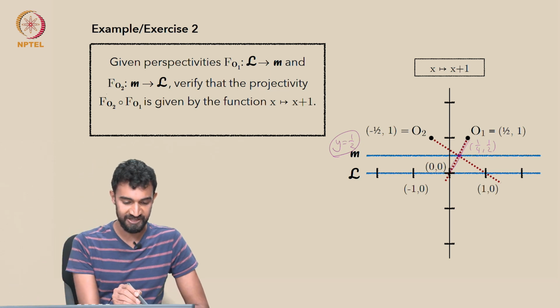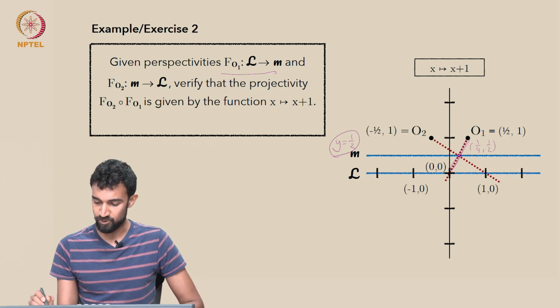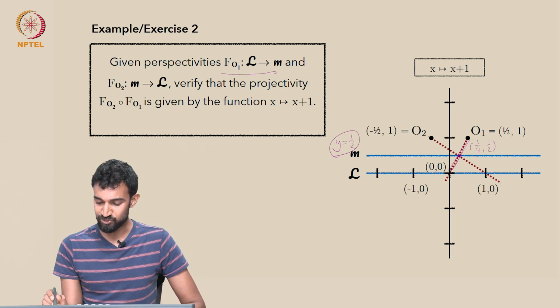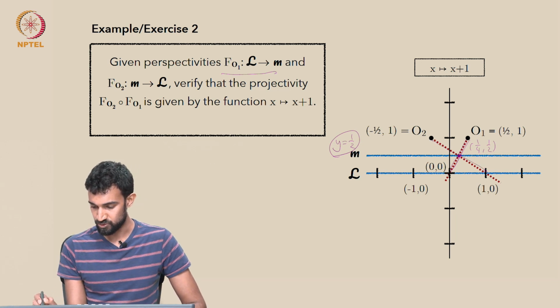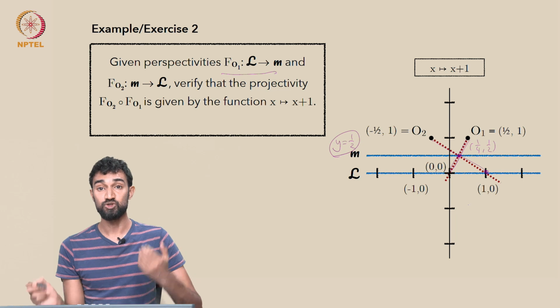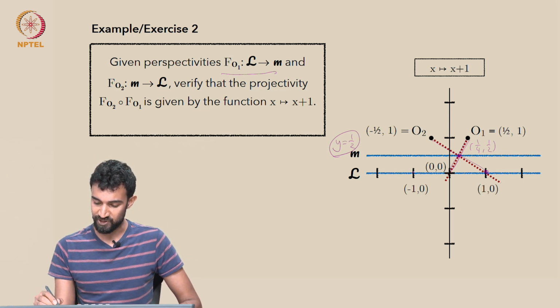So the first projectivity, FO1, it maps 0, 0 up to 1/4, 1/2. The second projectivity, it's going to push this point down to 1, 0. So we're mapping 0 to 1. Similarly, what's happening with -1?